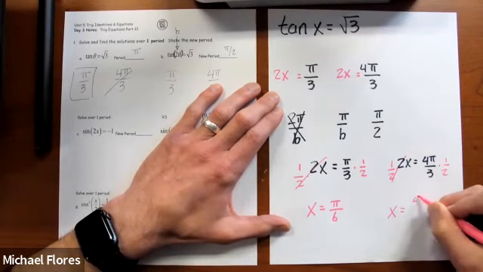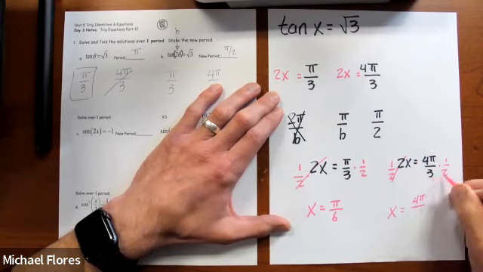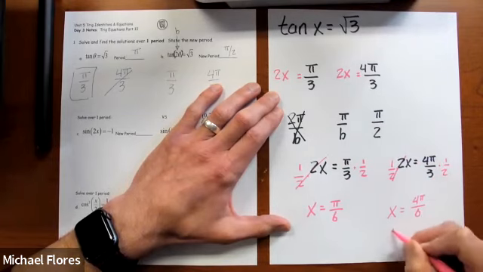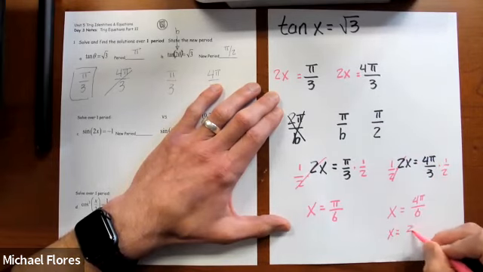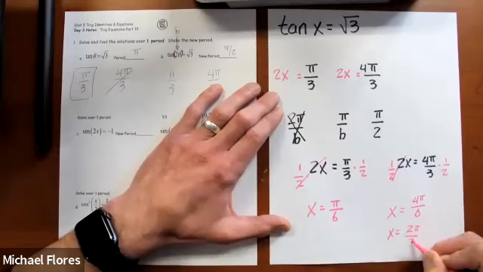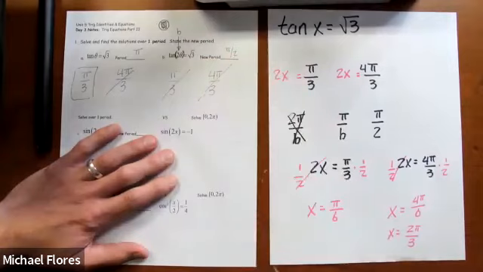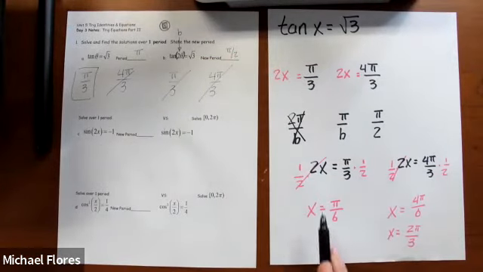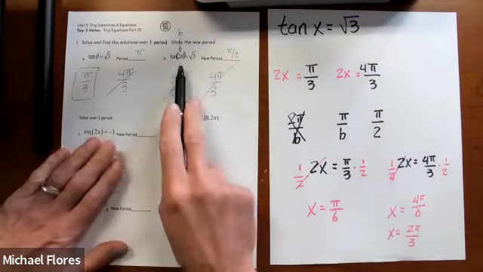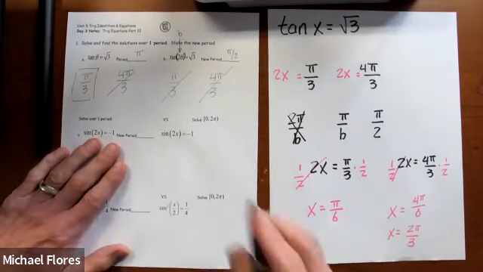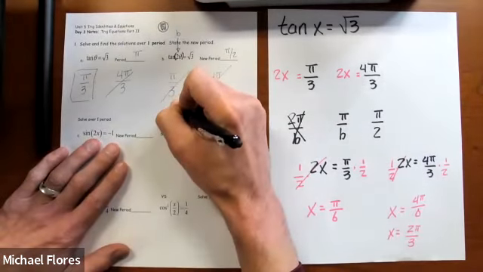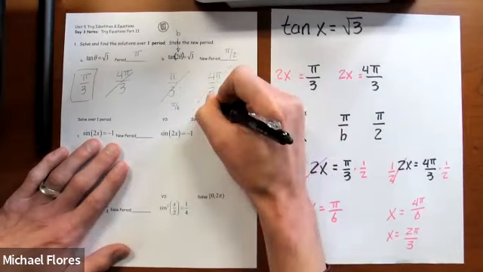Four pi times 1 over 3 times 2, which you could reduce to 2 pi over 3. So these answers, now that we set them equal to x, the number that was inside parentheses, would be our potential answers. Pi over 6, 2 pi over 3.